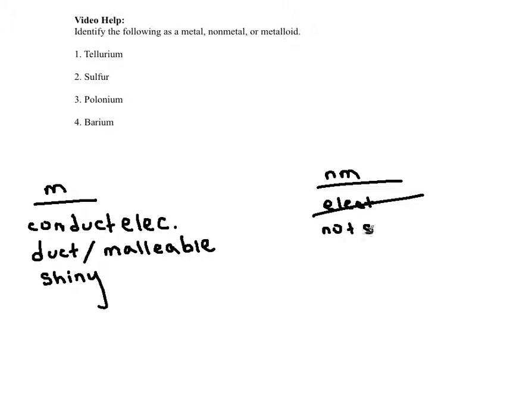Now, the important thing for you to know, you've got metals and you've got nonmetals, and then in between, which the periodic table shows, they're literally in between the nonmetals and the metals, you've got metalloids. And metalloids have characteristics of both metals and nonmetals.